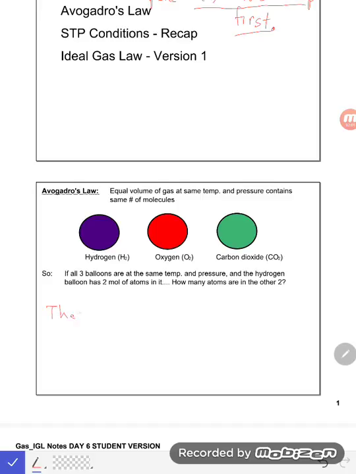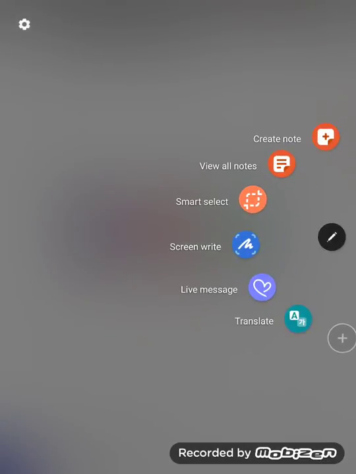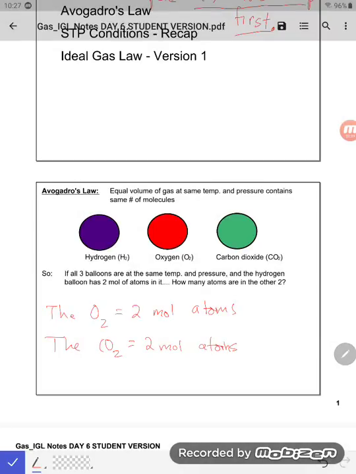So the O2 balloon has 2 moles of atoms, and the CO2 balloon has 2 moles of atoms. Because they're the same temperature and pressure, they're going to have the same amount of atoms.